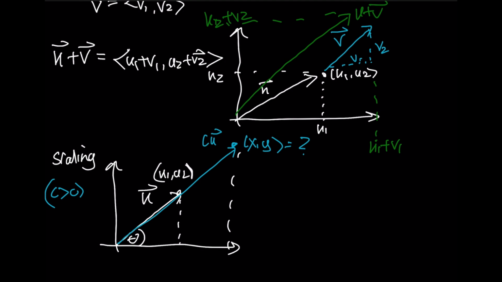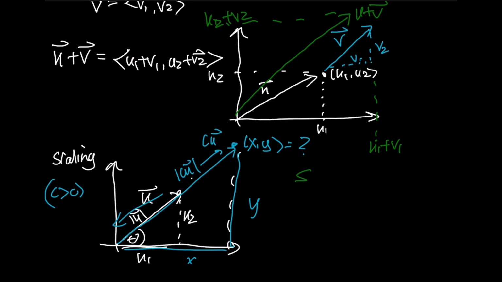I could say that the length here is the length of u, whereas the length here is the length of cu, and that's from there all the way down to the bottom. I know that this has to be a height of u2, this has to be u1, this right here is a y, and the whole base is an x.